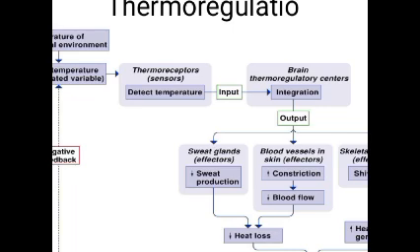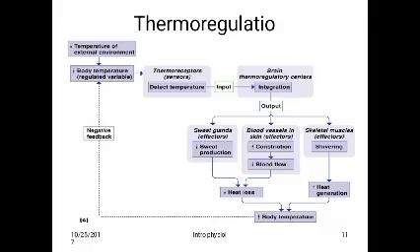Sweat glands produce sweat; blood vessels in skin respond with constriction; skeletal muscles respond with shivering. Constriction reduces blood flow, sweat production causes heat loss, and shivering causes heat generation. Body temperature, the regulated variable, is controlled by negative feedback.